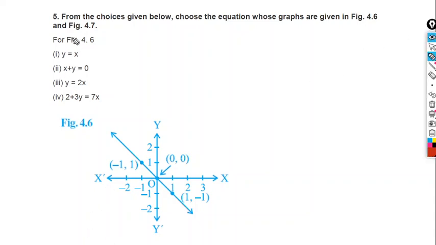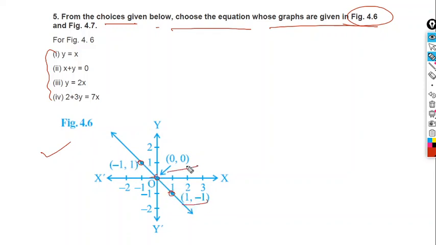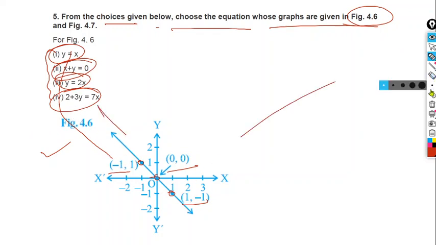From the choices given below, choose the equation whose graph is given in figure 4.6. So this is your figure 4.6. There are some points, you can see 1 point, 2 points, 3 points are there. Coordinates are also given. So you have to check whether these equations are satisfying this graph or not.